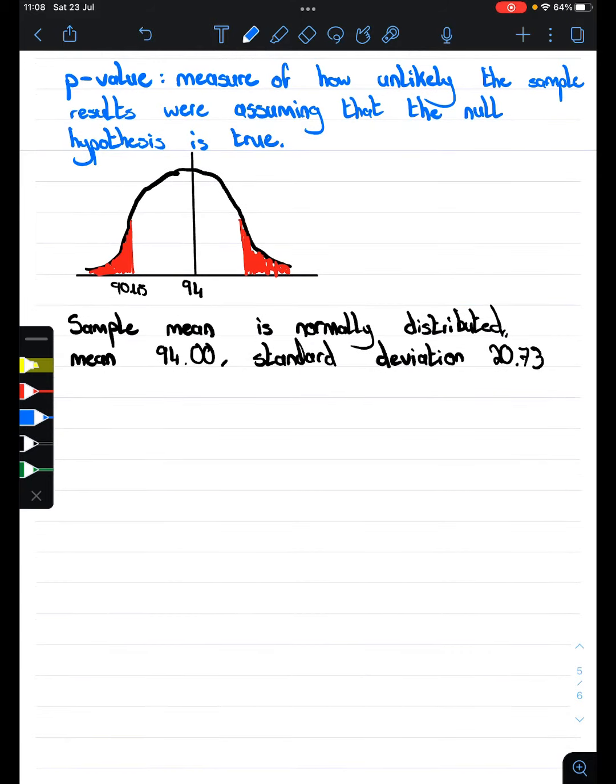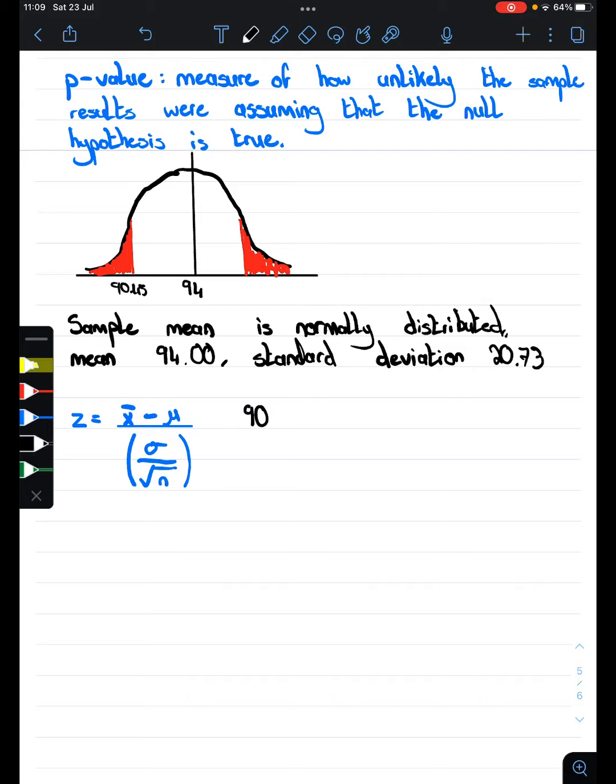So we know the formula for the z-score. Z equals your sample mean minus the true mean all over the standard deviation over the square root of the size of the sample, so that's just square root of n. Alright, so we're just going to fill that in for our case.